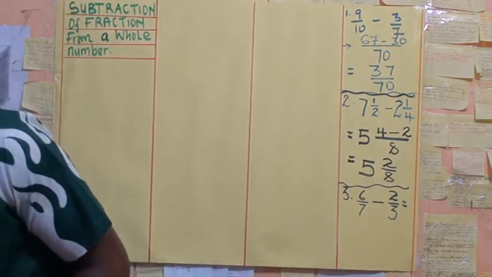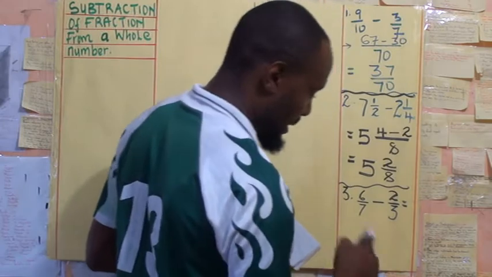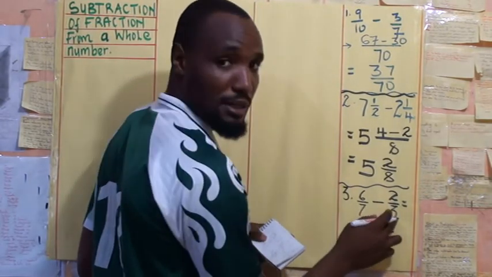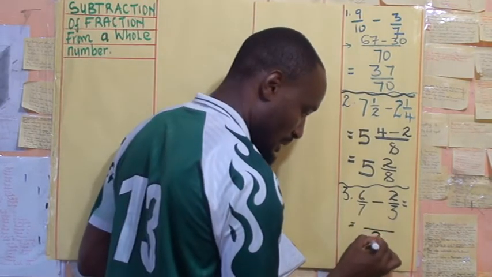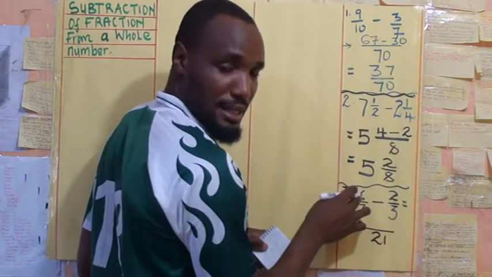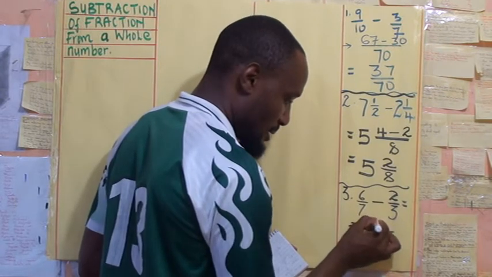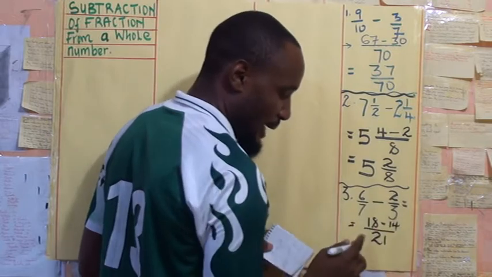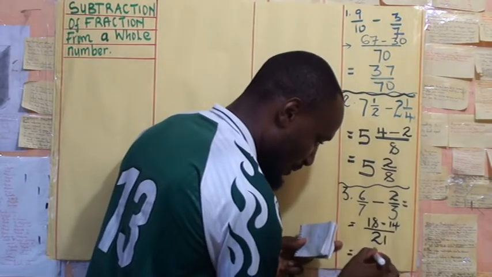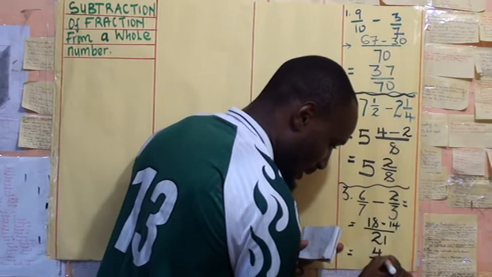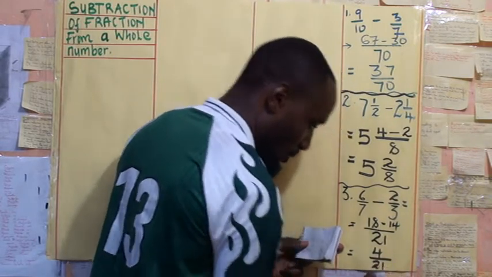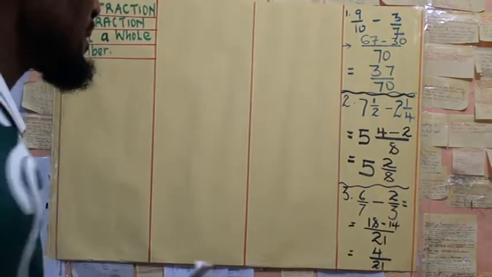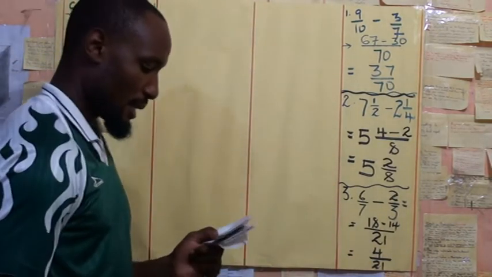Now, how do we solve that one? 7 by 3, I told you, is 21. 3 by 6 is 18. Minus 7 by 2 is 14. So 18 minus 14 is 4. Then over 21. I hope you're marking your work and you're getting the correct thing.